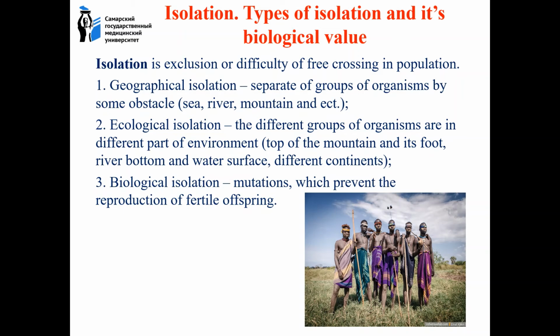The different groups of organisms are in different parts of the environment, for example, top of the mountain and its food, river bottom and water surface. For human populations, different continents or territories with different climate conditions, highland, desert, Arctic, for example. And the third type of isolation is biological isolation: mutations which prevent the reproduction of fertile offspring.